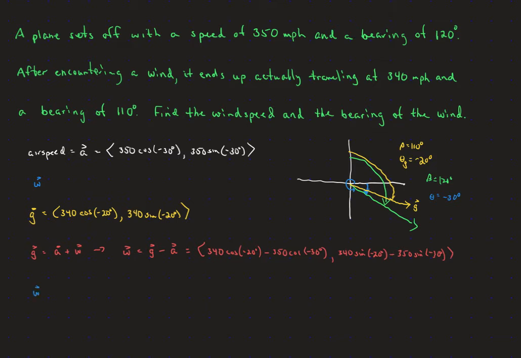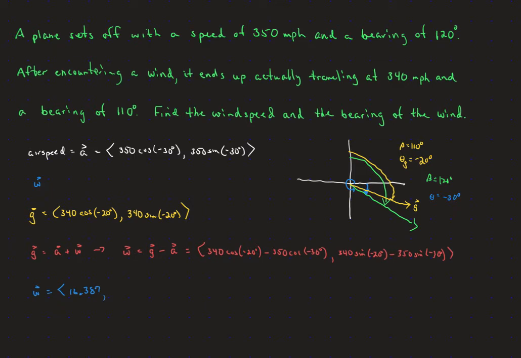So I'm going to go to my calculator here, and I'm going to put in first the x component. So I'm going to go 340 cosine of negative 20 and minus the 350 cosine of negative 30 and hit enter, and I'm getting 16.387, rounded to 3 decimal places.